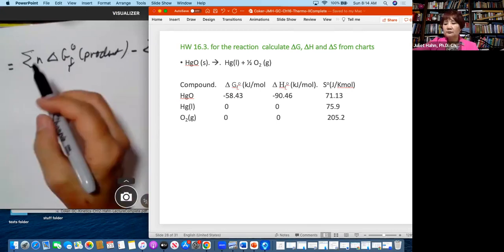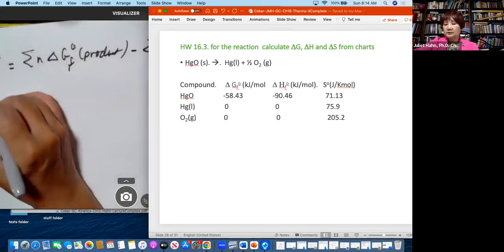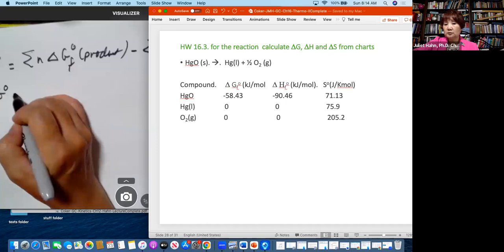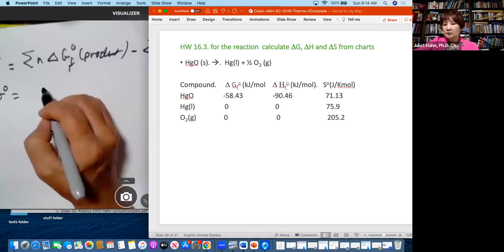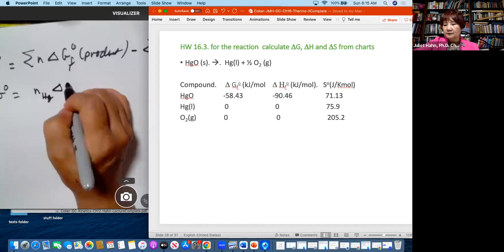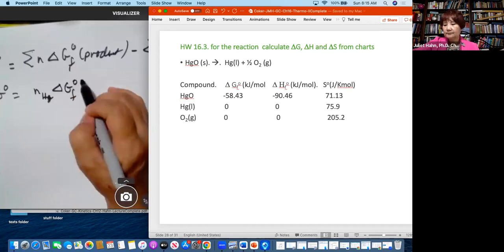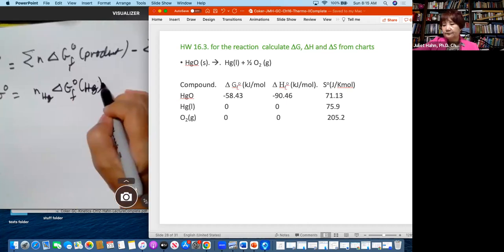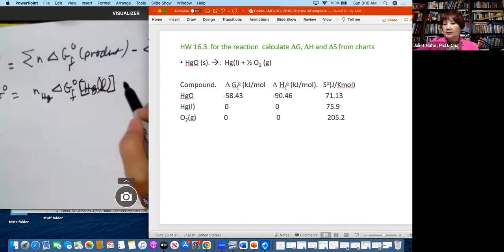If I rewrite this equation in terms of the actual species in our reaction, the products are: the number of moles of Hg times delta G_f naught of Hg liquid, plus the number of moles of oxygen times delta G_f naught of oxygen.